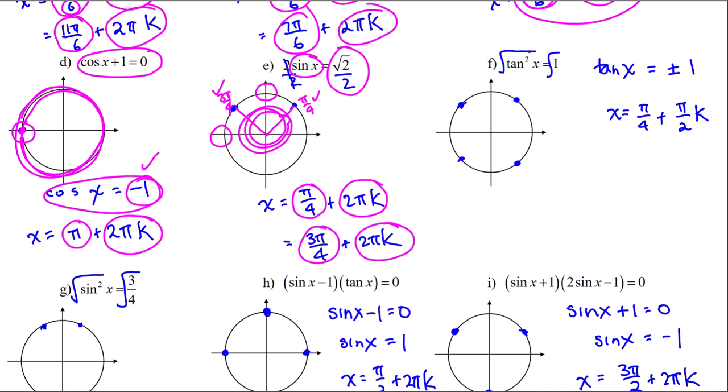Now, tangent squared. To get tangent by itself, I root both sides. If I root tangent squared, I get tangent. But don't forget, you have to have plus or minus when you root both sides. So when's tangent 1? When x and y are the same, that must be a 45-degree angle. Since this is plus or minus, it must be in all 4 quadrants.